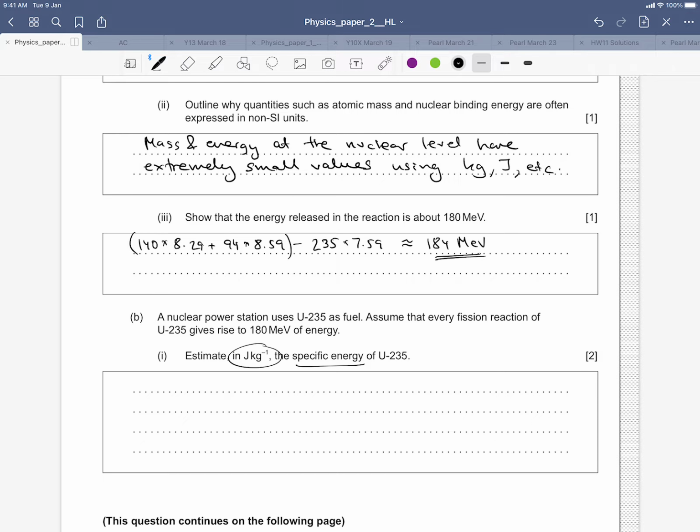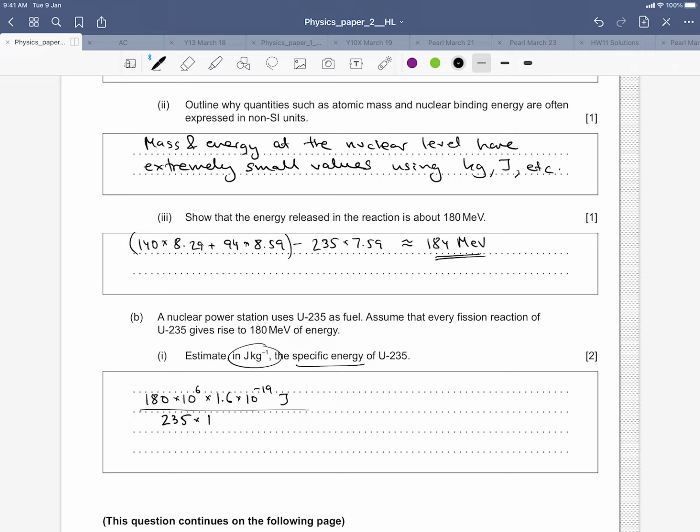So we have 180 million eV, and one eV is 1.6 times 10 to the negative 19 joule. And then what is the mass of one uranium nucleus? Well, we have 235 nucleons. They each have a mass of around 1 u.